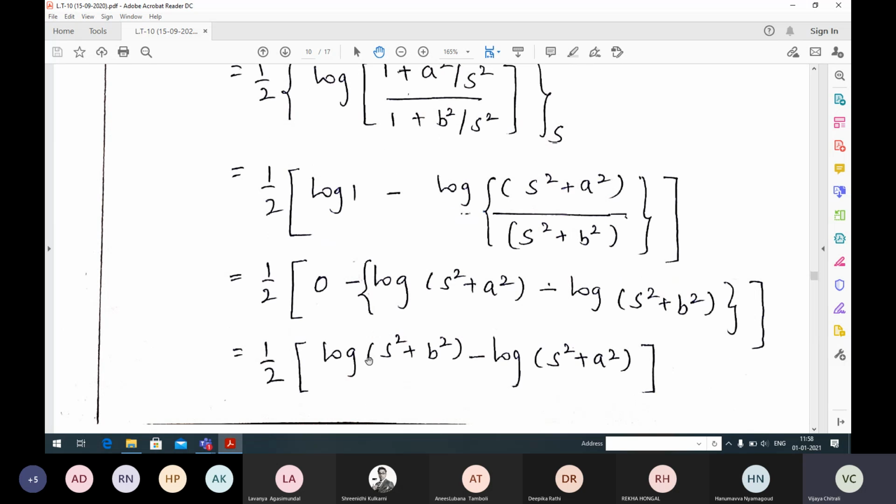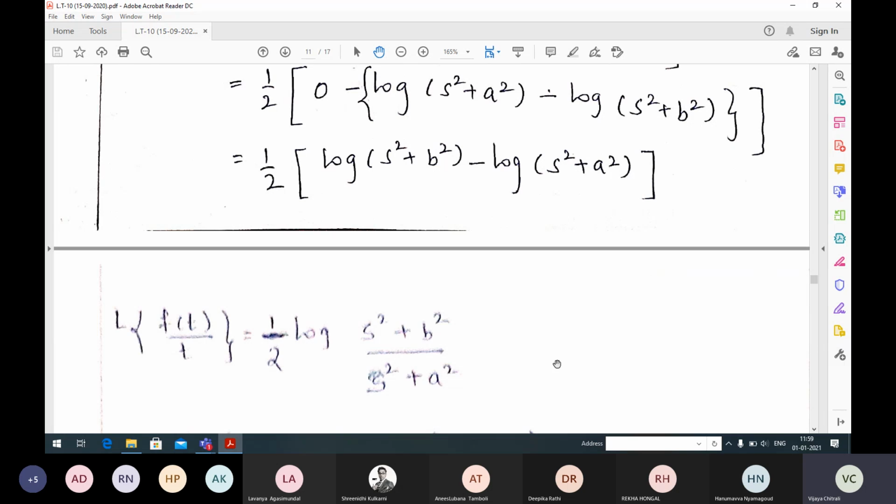So log 1 is 0. So we can write this as minus, this negative sign will be as it is, log s square plus a square minus log s square plus b square. Multiply this negative sign: 1 by 2 log s square plus b square minus log s square plus a square. Why? Because minus into minus is plus. Taking positive term as first, you will get this term first, next this. So 1 by 2 log s square plus b square divided by s square plus a square.